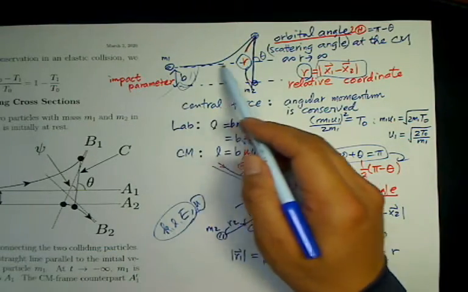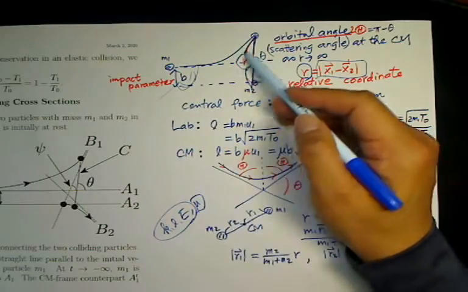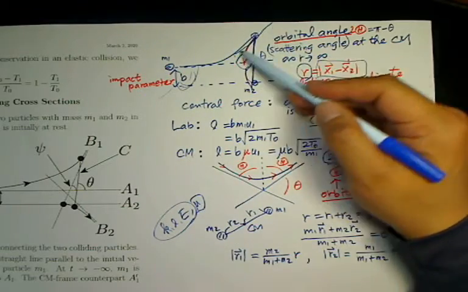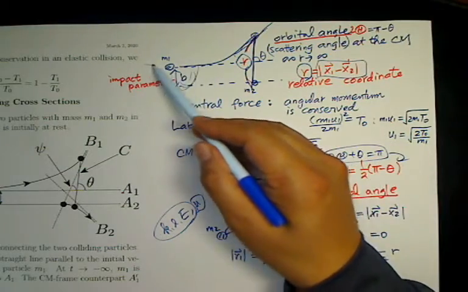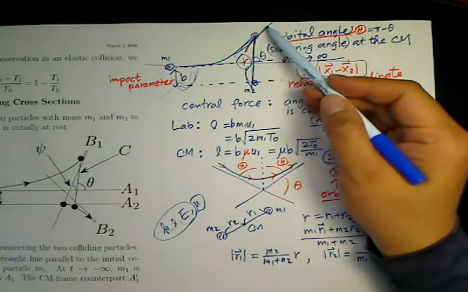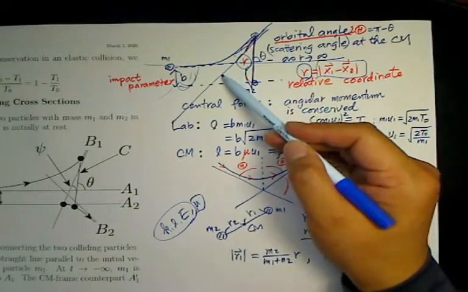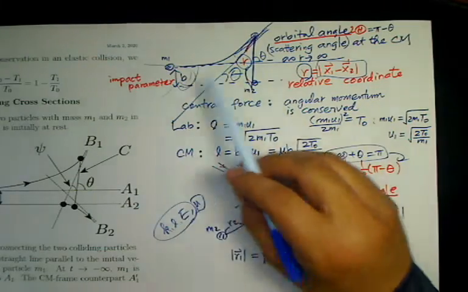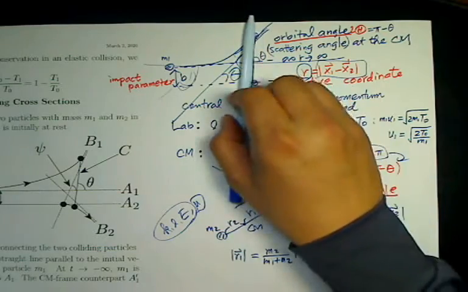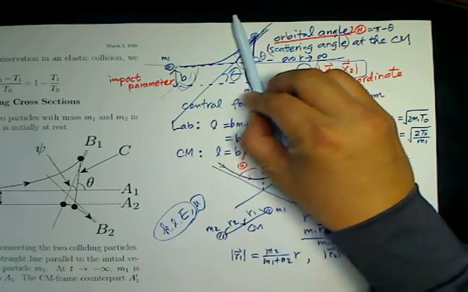This is the initial direction, and after the collision, it follows some other way. The angle between the initial direction and the final direction is the scattering angle theta. During this time, the direction of r changes.